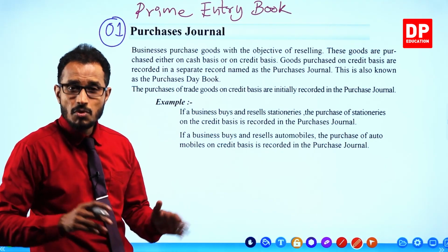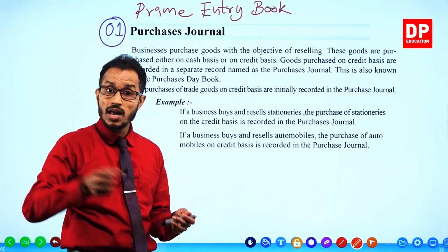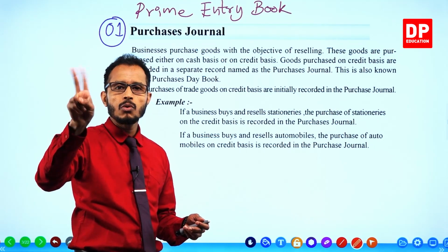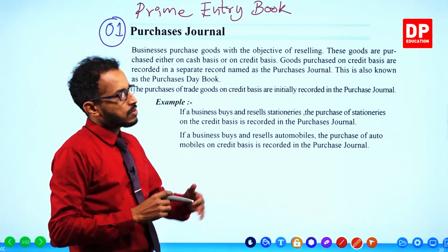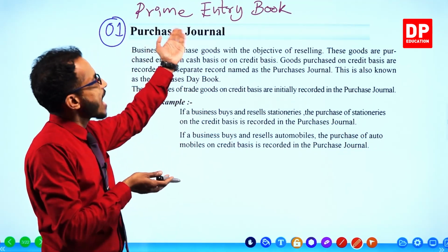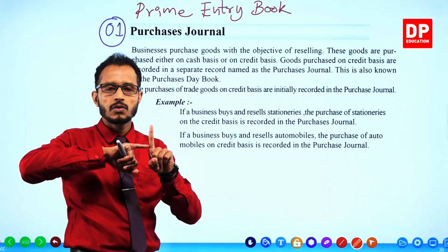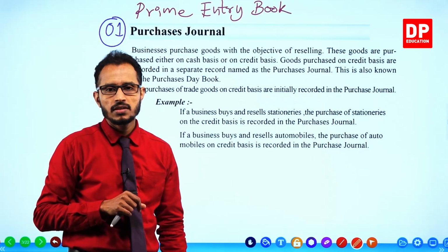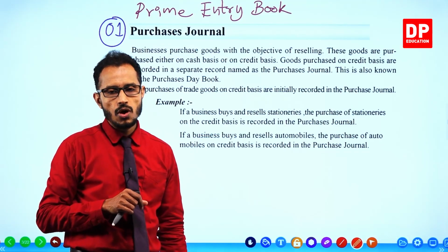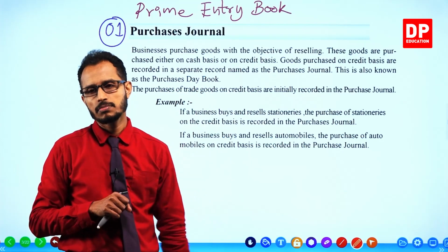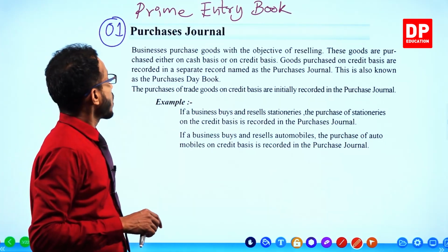The prime entry books which have a dual role, which are prime entry books as well as ledger accounts, are the only two prime books you have learned. Those two are cash book and petty cash book.